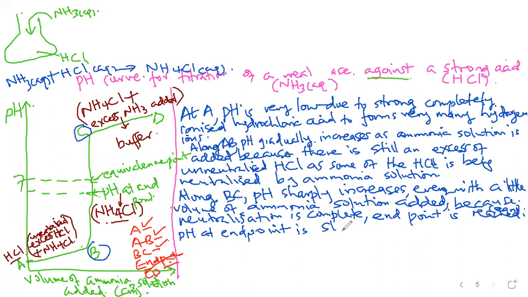pH at endpoint, we come back here, is slightly, where is it? Slightly below 7. Why? Because the salt formed undergoes cationic hydrolysis, producing hydrogen ion. I will not accept when you say the salt formed, Muhammad.